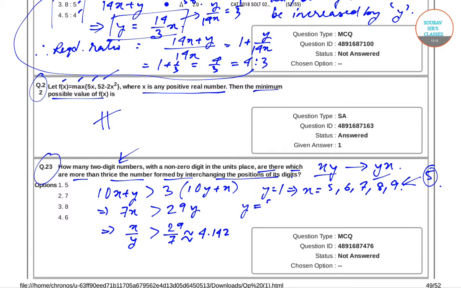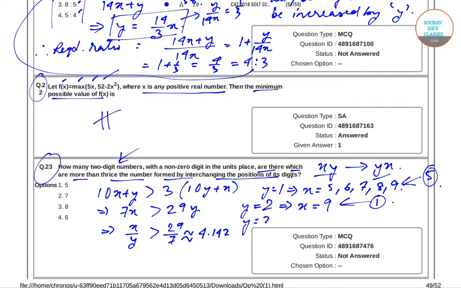What happens if y is equal to 2? So if y is equal to 2, that implies that x has to be greater than 4.142 into 2, that is 8.284. So in that case, x has to be equal to 9. So we get one number over here.